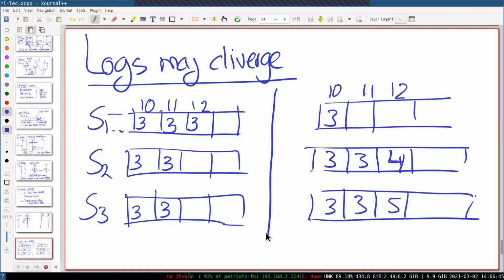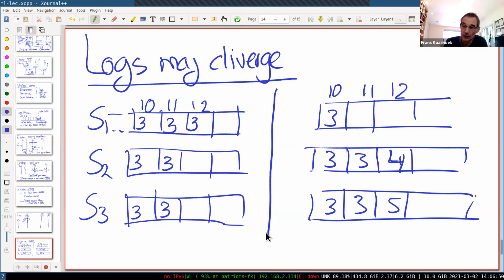Say that again, just to make sure. So S2 got elected for term 4, right? Yes, not term 2. So S2 gets elected for term 4, and then using S1 as a backup, basically as the follower. Yep. And then S3 gets elected for term 5 before S2 can put anything in the logs.